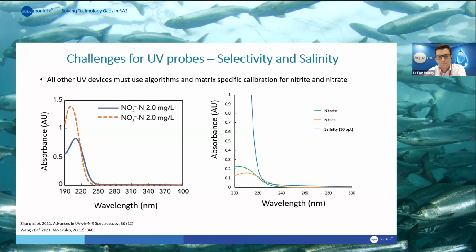That's the first point. But when we're looking at salinity, the situation gets a lot more complicated. If we look at the absorption spectra to the right, as you can see, high levels of salinity absorb within the same region as nitrite and nitrate. So varying salinity and high levels of salinity have a big impact on the measurement of nitrate and nitrite, and UV probes directly can't selectively measure NO2 and NO3. Algorithms and estimations need to be carried out to overcome those issues.